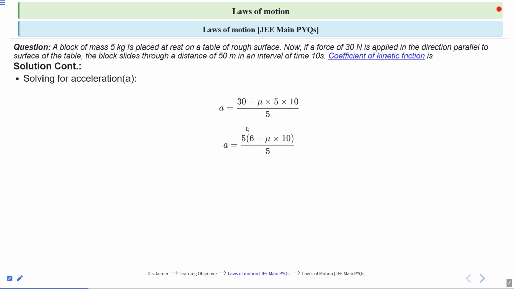When we solve this, 5 can be taken out because it is a common term. 6 fives are 30, and 5 into 10 is 50. So we take 5 common. So A is equal to 5 into (6 minus mu into 10) divided by 5. So 5 cancels out. The remaining term is A is equal to 6 minus 10 mu. This is the acceleration.